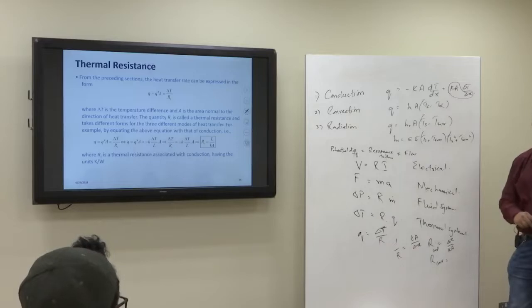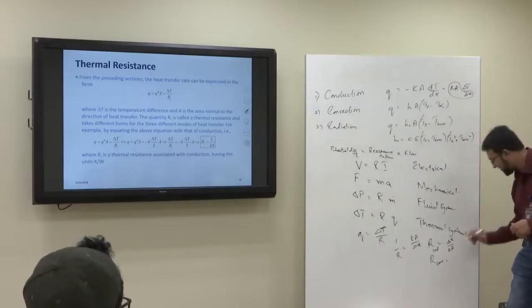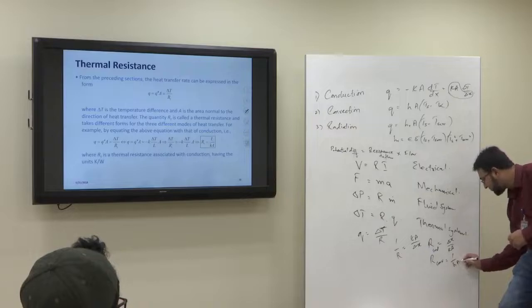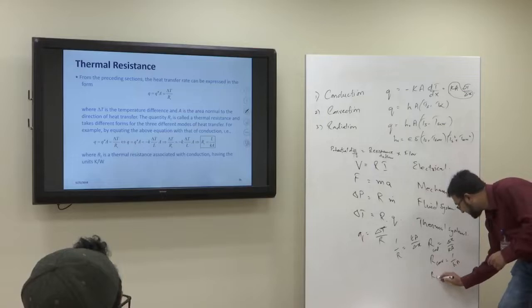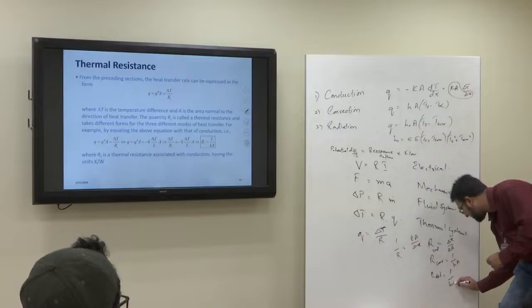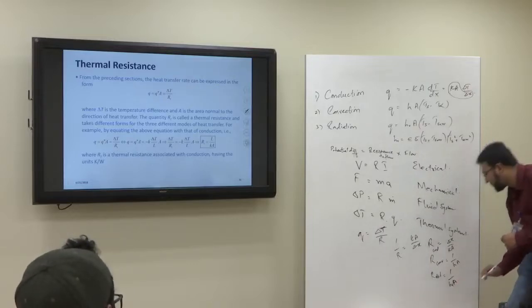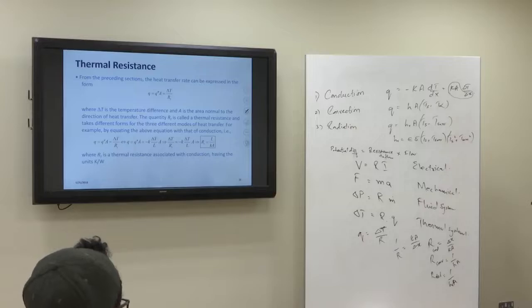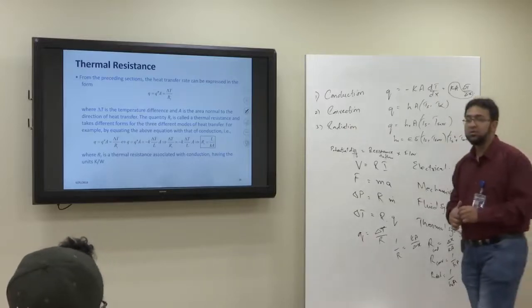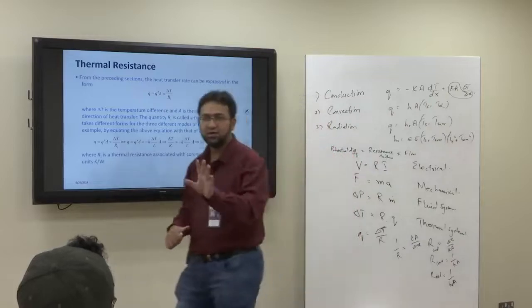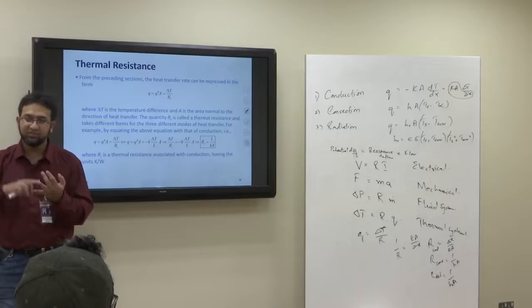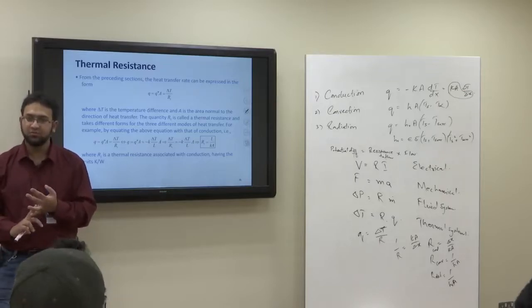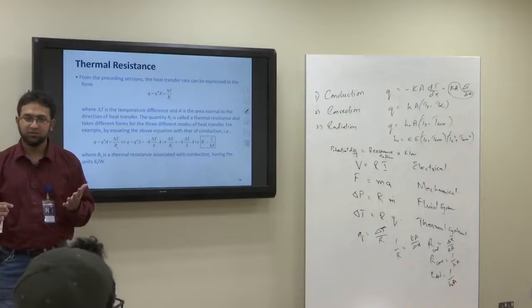So R will be 1 over HA, right? What about R radiation? Just 1 upon h_r A. Is it right? So these are the thermal resistances. We have found out the thermal resistances for the conduction, convection, radiation processes, right?